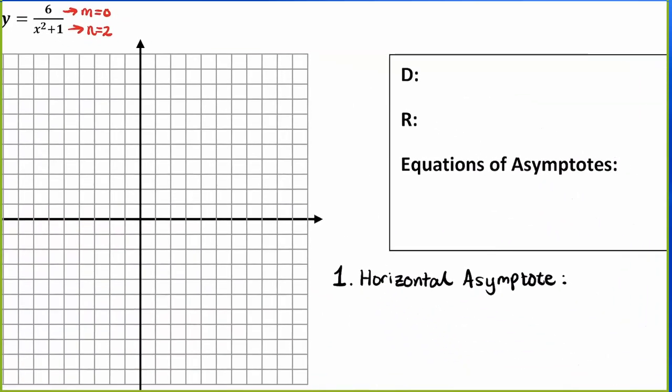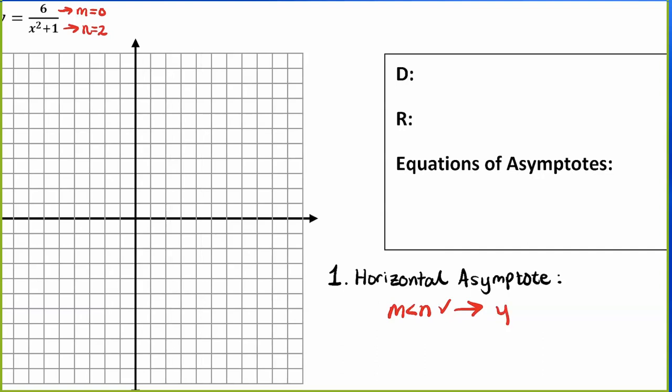So, just a quick check here. This means that your m is less than your n. That's true. So your horizontal asymptote is at y equals 0. Remember that? That's going to be true for every single one today.